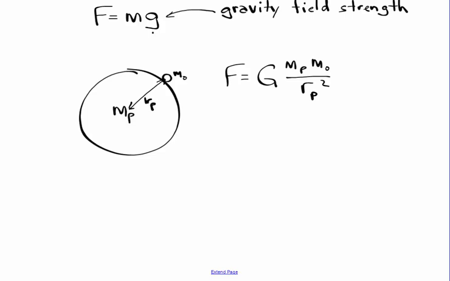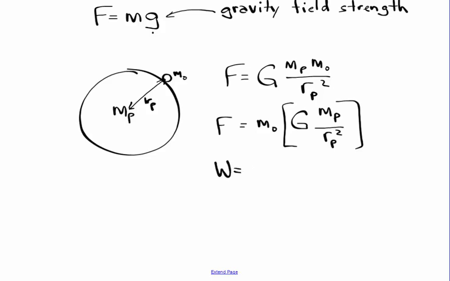Now, of course, this is if we were sitting just on the surface. If I pull the mass of the object out front, and rearrange it a little bit, this force that we're talking about is the weight of the object, and that would be the mass of the object times g. Well, everything in these parentheses is what determines what g is on this planet.